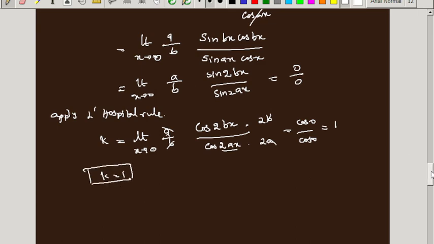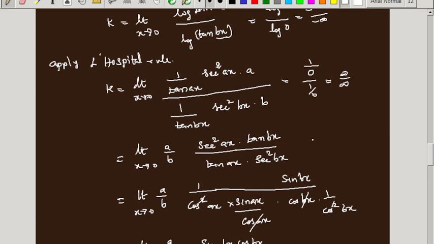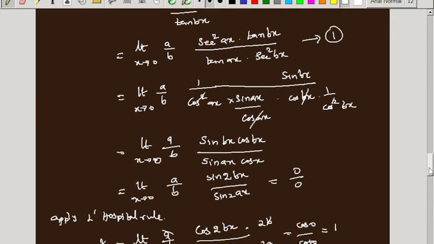So here remember, for the same problem, let us consider this as equation number 1. So I am writing this one here.